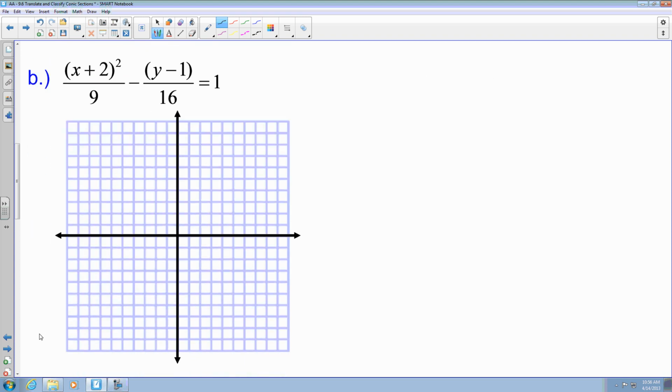For B, because of the subtraction in there and it being equal to 1, I'm thinking that this is a hyperbola. So the main things that I need to look for are my vertices, my foci, and let's look for the asymptotes.